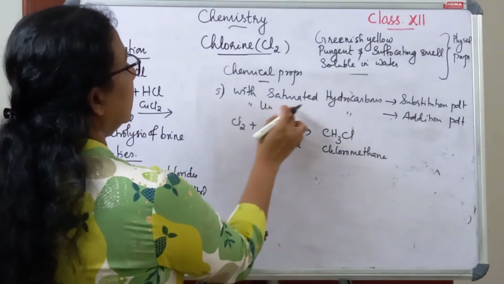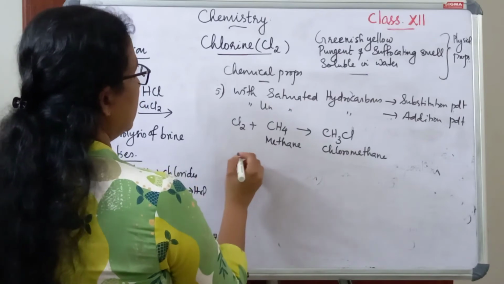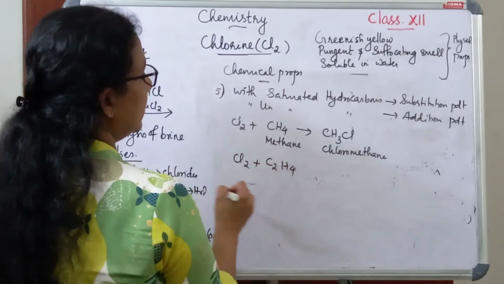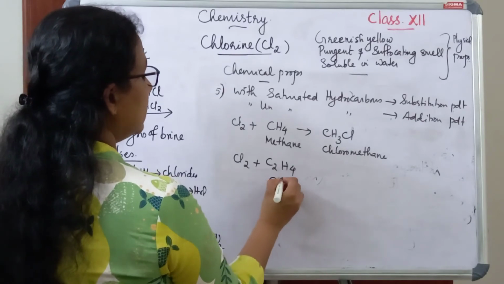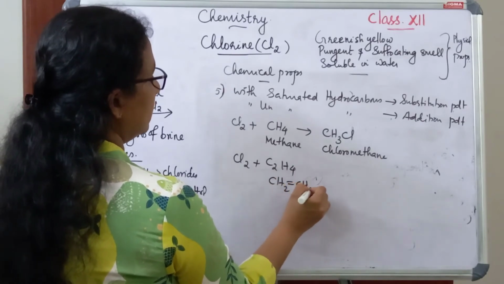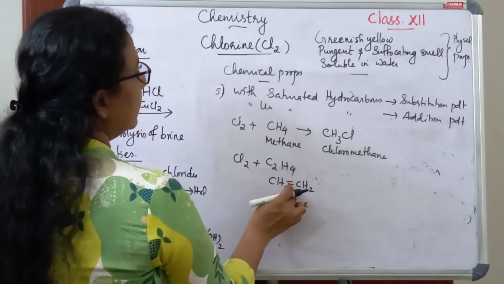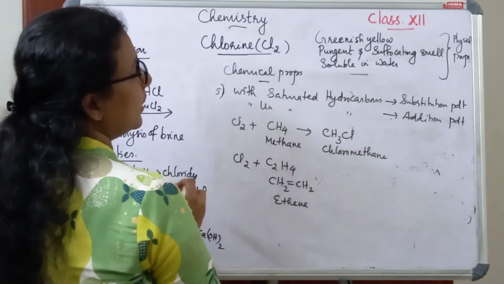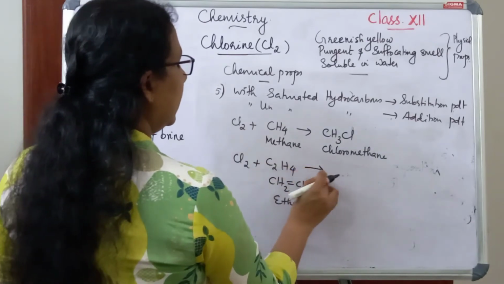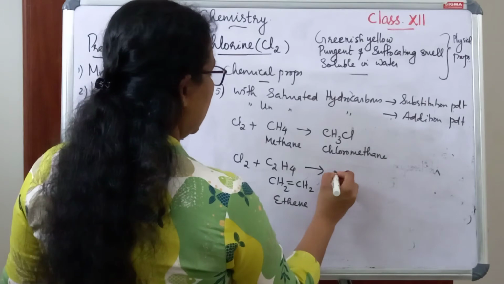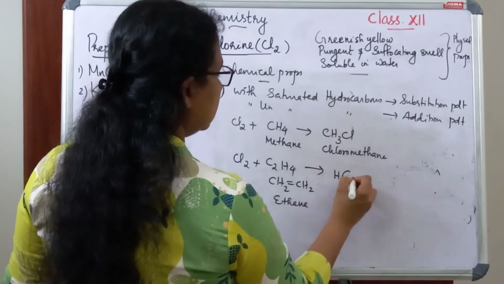If you take an unsaturated hydrocarbon, chlorine reacts with C2H4, which is CH2=CH2. This is ethene, an alkene, so it is an unsaturated hydrocarbon. Here we can expect an addition product. We can write the equation like this.